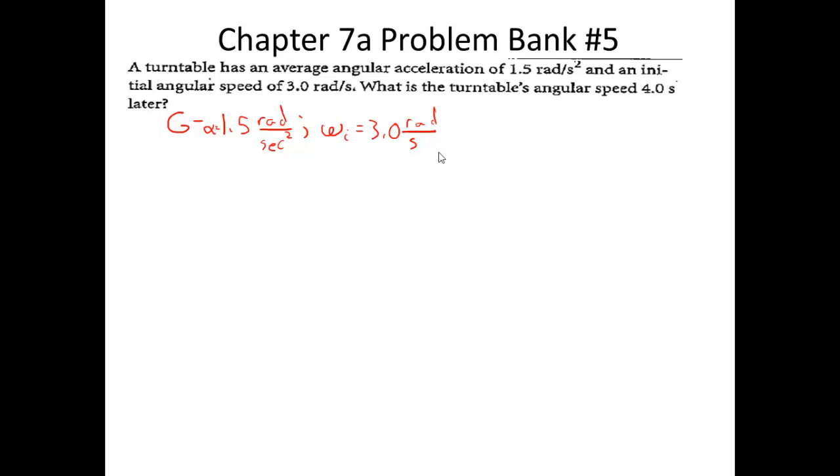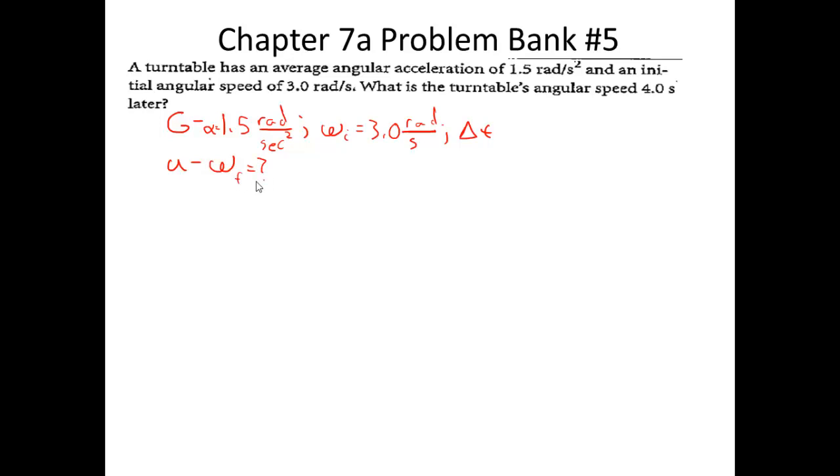What was the turntable's angular speed 4 seconds later? That 4 seconds is our delta time. The unknown is omega final.